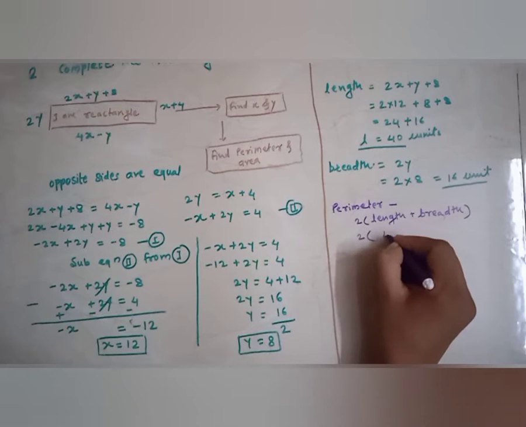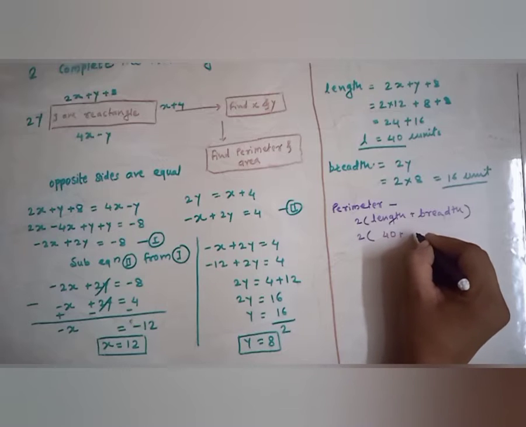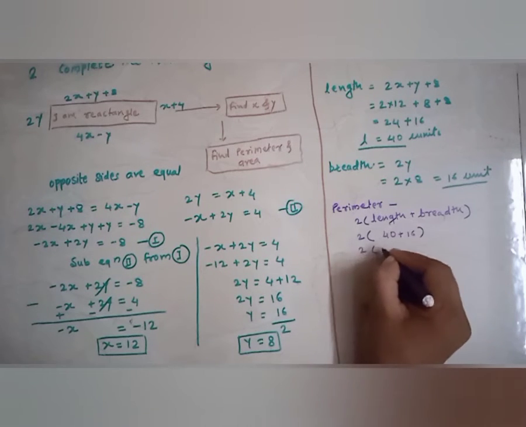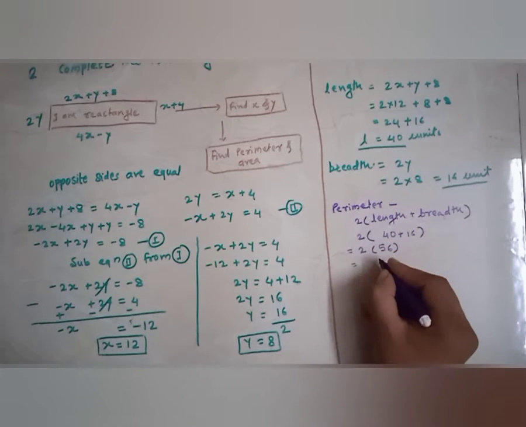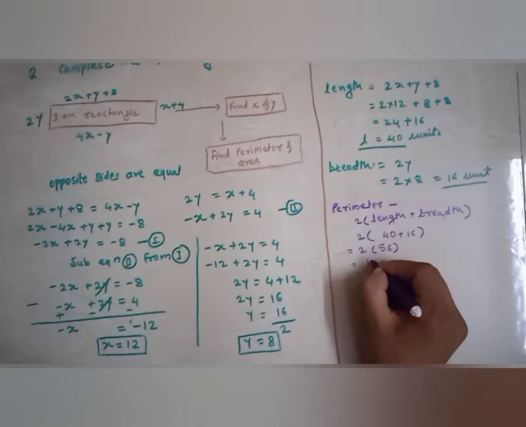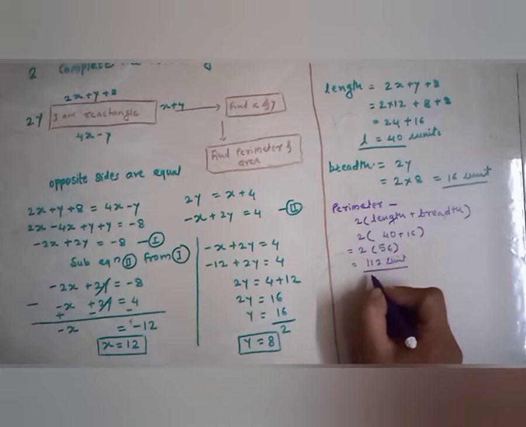So length is 40 plus breadth is 16. So 2 into 56. Then we get the multiplication answer: 112 units. So we get the value of perimeter.